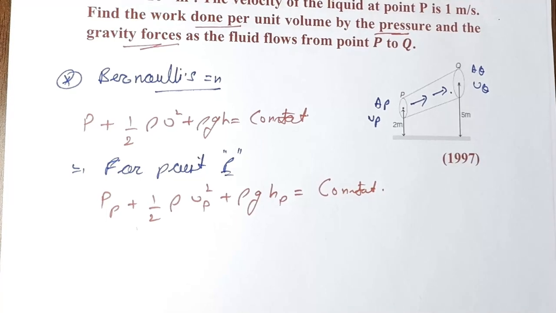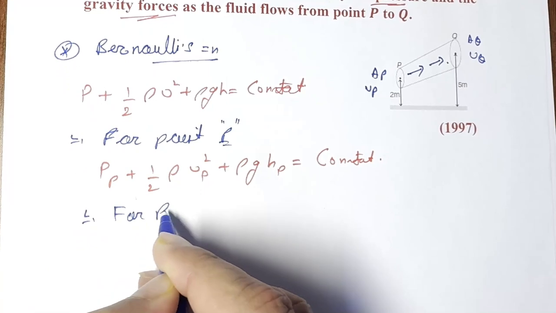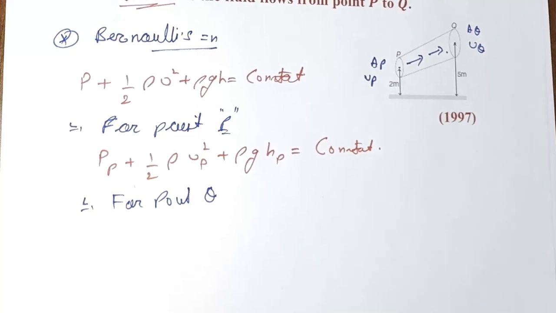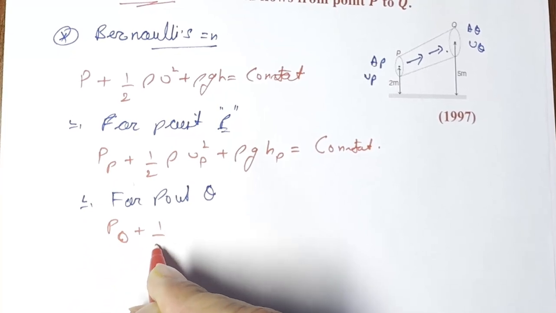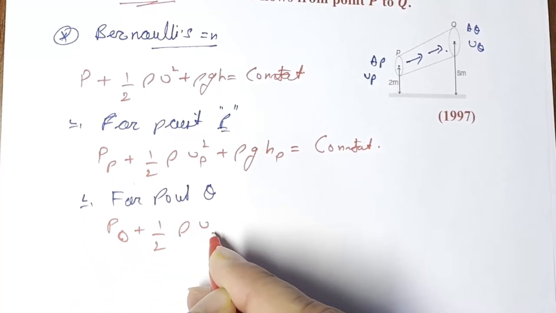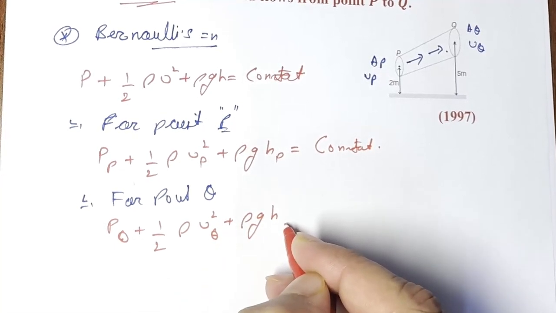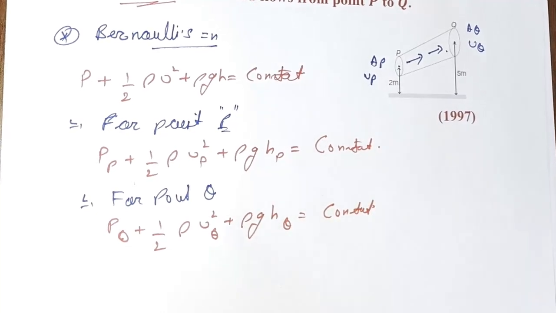Similarly, we can write for point Q also. For point Q, we have pressure at point Q plus half rho velocity at Q square plus rho g, and here we have height of Q, and that is equal to also constant.